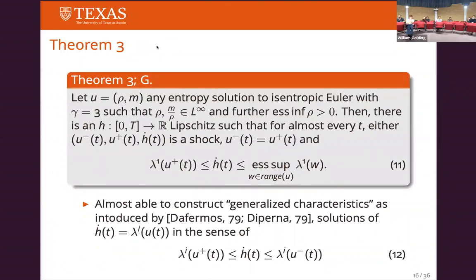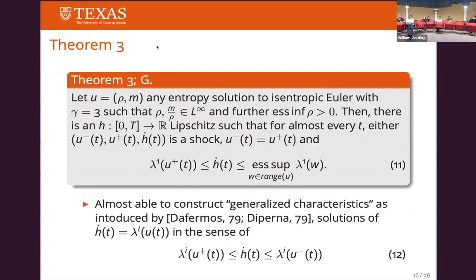So the last main theorem, which I actually won't go through a proof of today, is basically related to the idea of generalized characteristics. Using the previous theorem, we gain enough regularity on the characteristic fields to try and construct a solution to an ODE, h dot equals lambda 1, because this would let you do method of characteristics, for example.